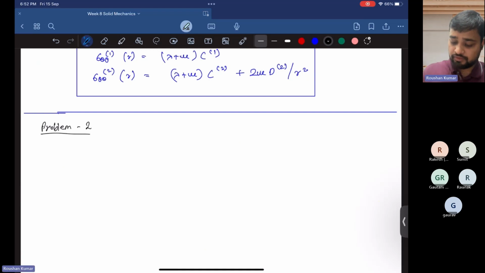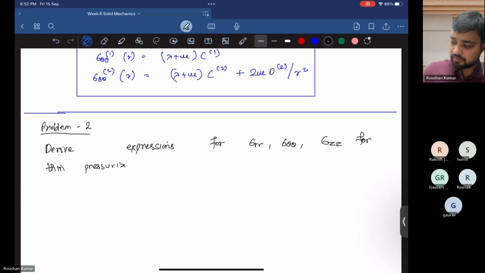So problem number 2 is: derive expressions for sigma rr, sigma theta theta and sigma zz for thin pressurized tubes with application to pressure vessel.